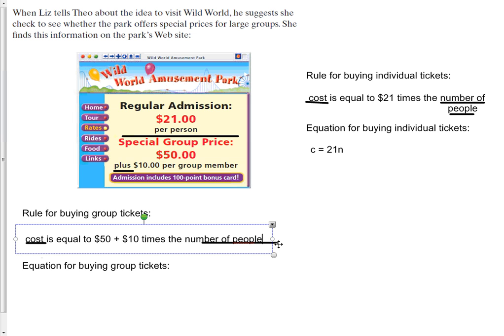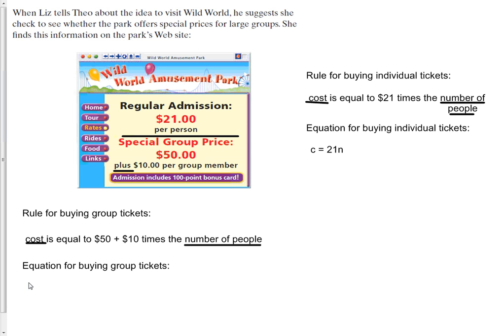So if I wanted to figure this out, just like up above, I did 21 times the number of people because it was $21 per person. And this one says $10 per group member, so I'm going to take $10 times the number of people.